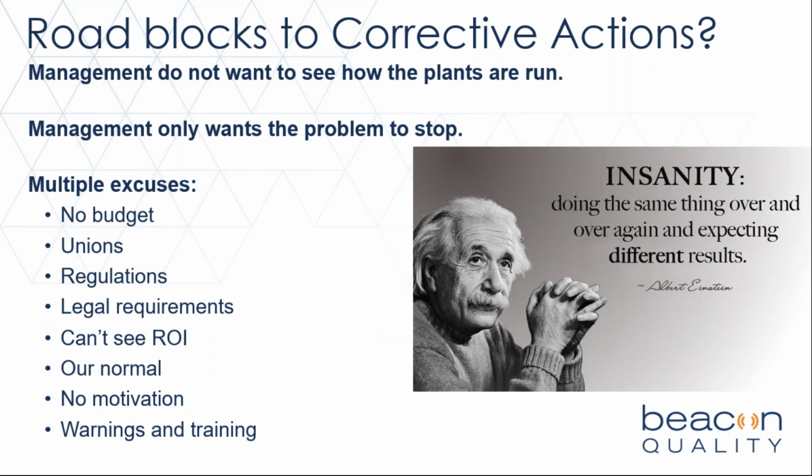It may lead to a recall. Or, for example, if you do not do the right corrective action, a company like GM would put you on CS1, like a third-party sort, and that will be too expensive for you. So explain it in dollars and cents. Money talks. Yeah, money talks.